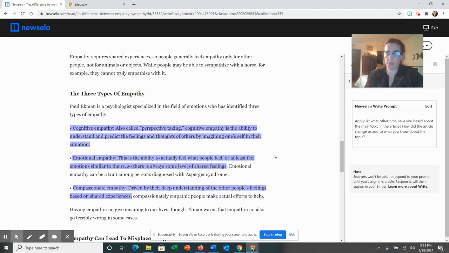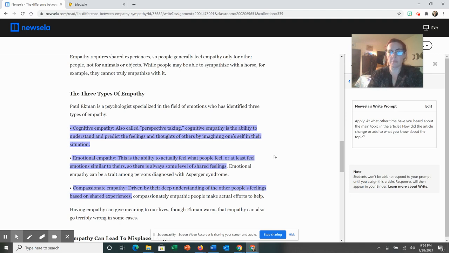Emotional empathy is the ability to actually feel what other people are feeling, or feeling emotions that are similar to theirs, to have these shared feelings. This is something that honestly a lot of people with Asperger's experience.